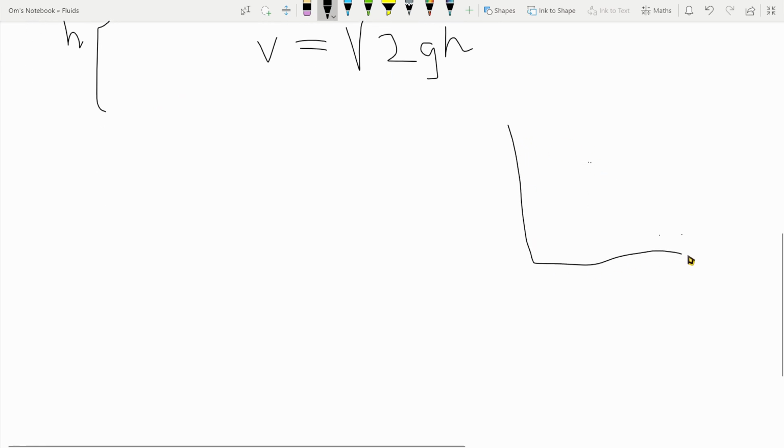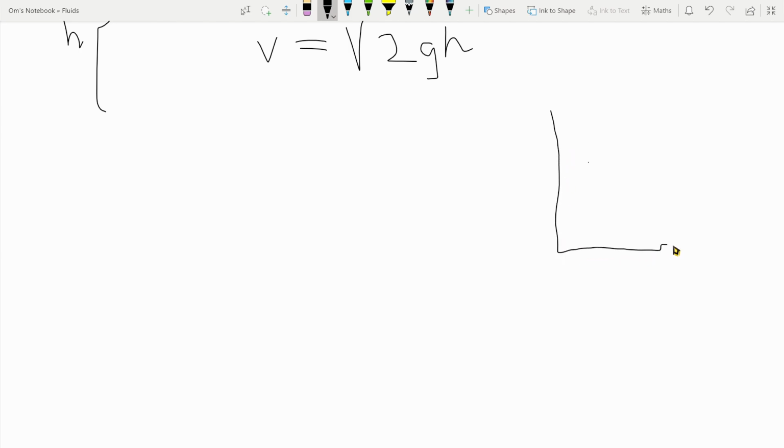This is a tank, and I'll erase over here because I want to draw a small orifice, that is a hole near the bottom of the tank. The area of cross section of this hole can be considered to be negligible.